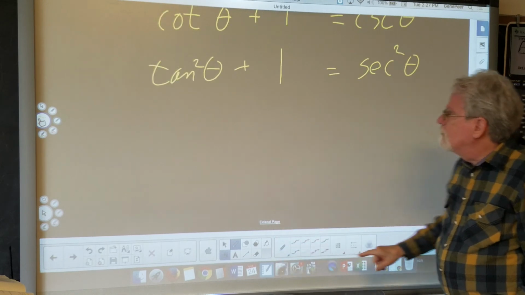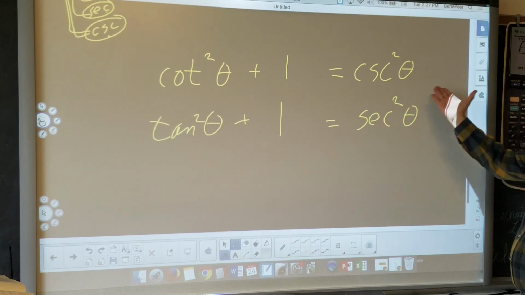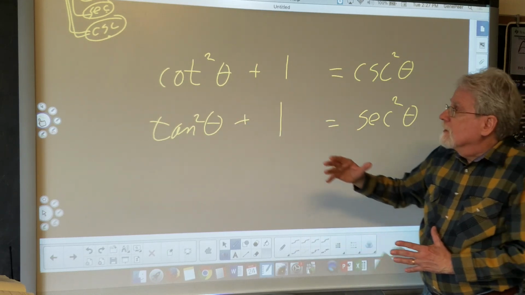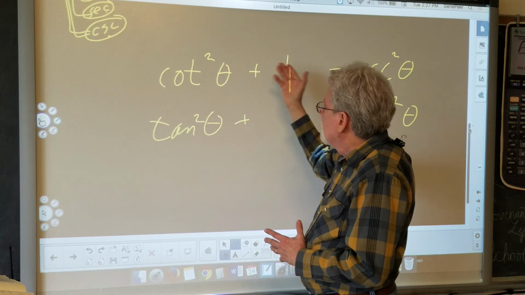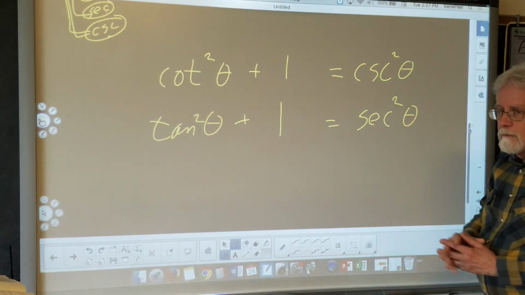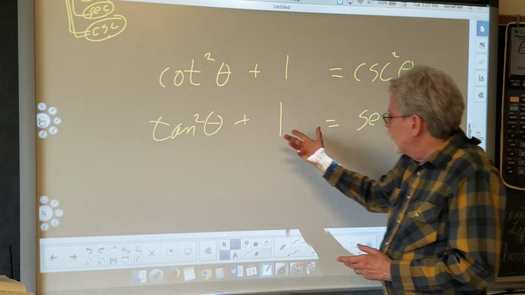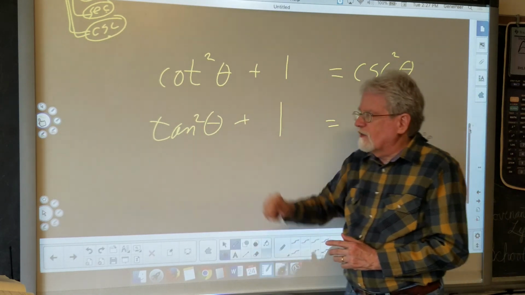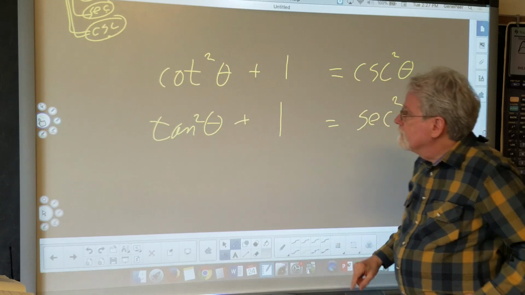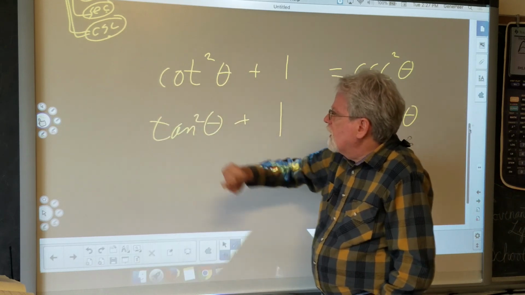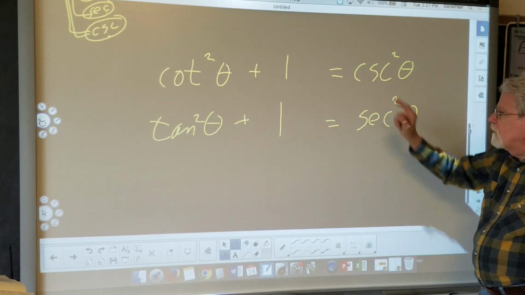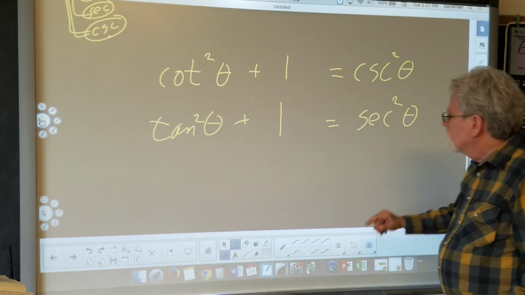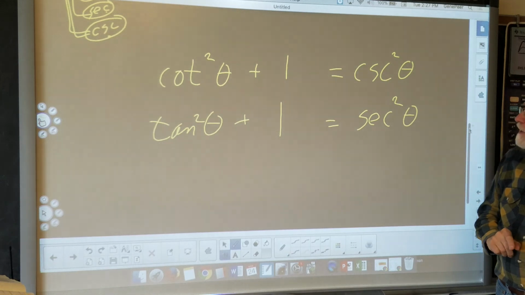If you can get embedded in your head the general look of this: we have a function squared plus 1 equals a function squared. How do you remember what goes in the blank spots? Here you go. Cotangent goes with cosecant. Just plain tangent goes with just plain secant.